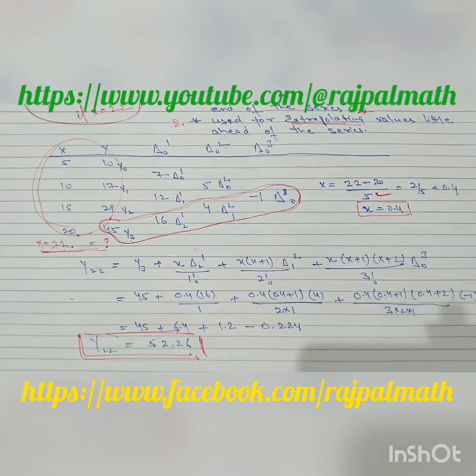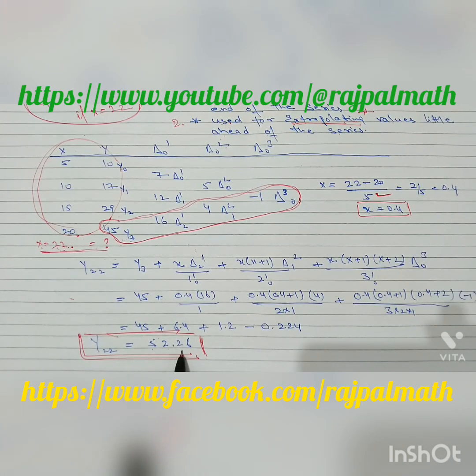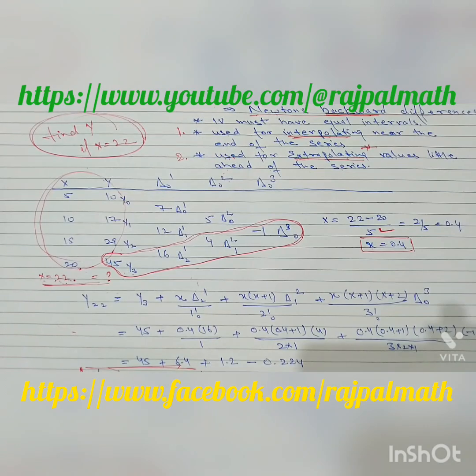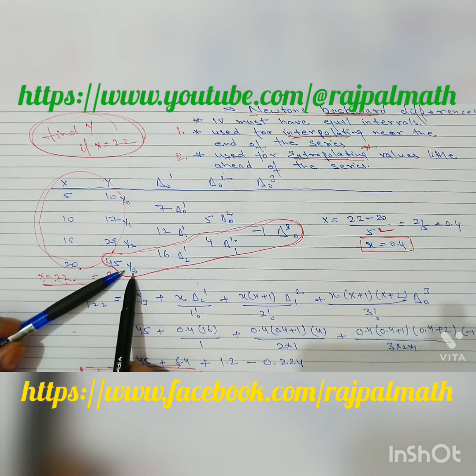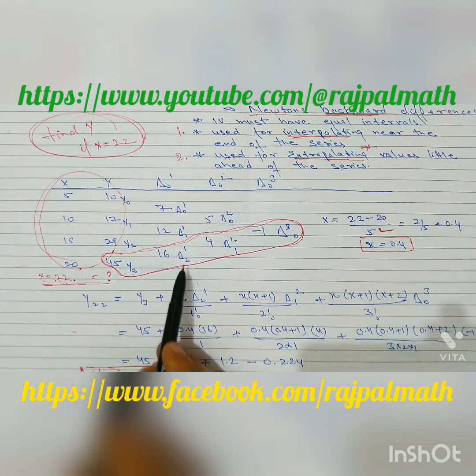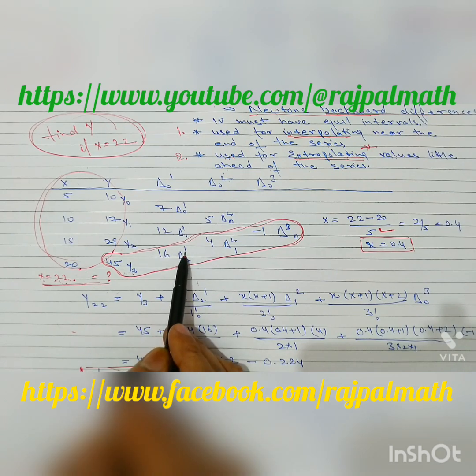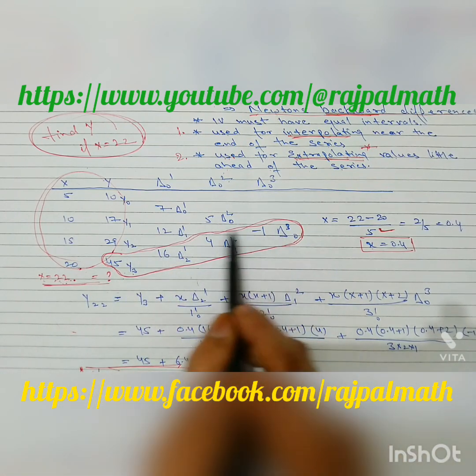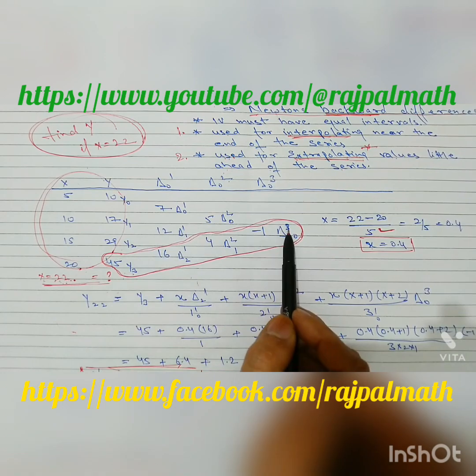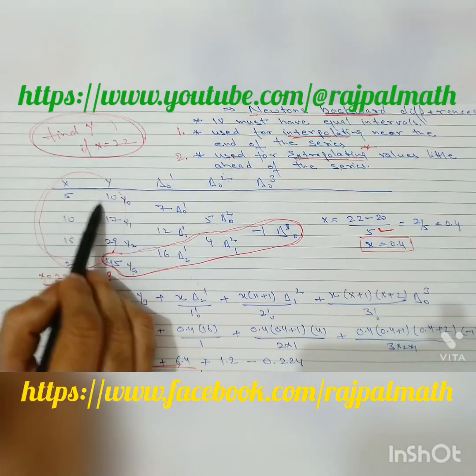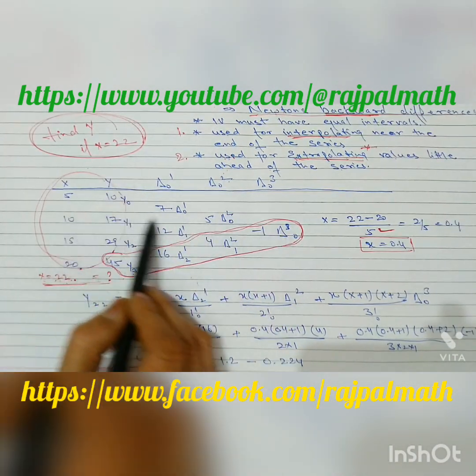Our answer is y22 is 52.26. Formula: first term is y3, then use delta 2 dash, meaning always use last values of the column for backward method, first values of the column for forward method.